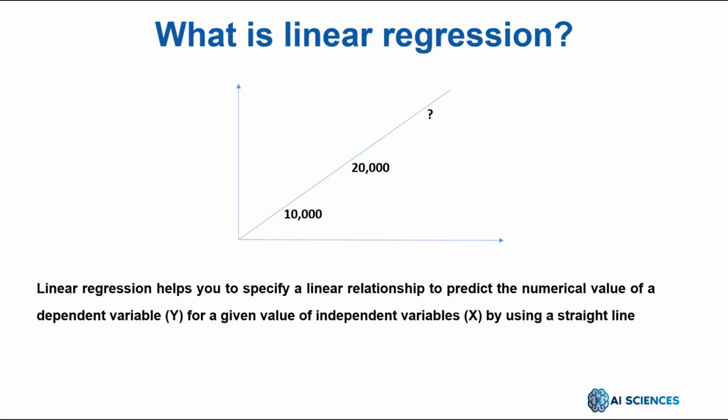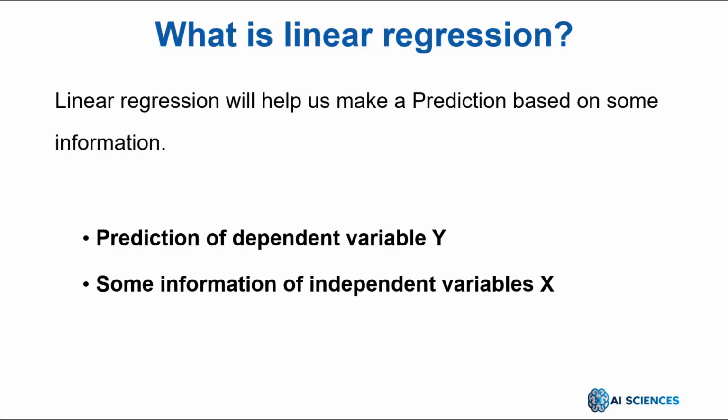Linear regression is a machine learning model, which was designed to help you specify a linear relationship to predict the numerical value of a dependent variable, we will call it y in this course, for a given value of independent variables, we will call them x, by using a straight line, called the regression line. Does that sound complicated? It's not. I'll show you.